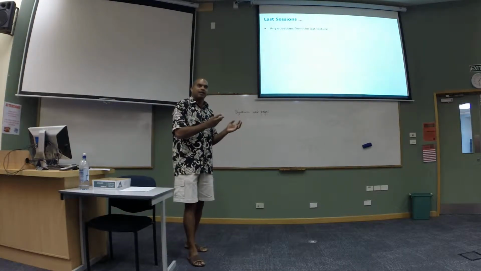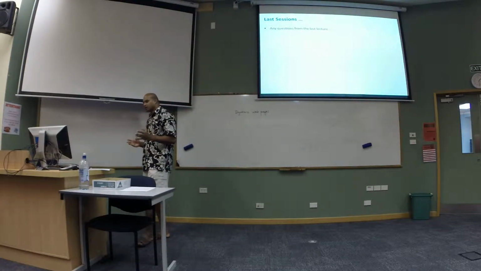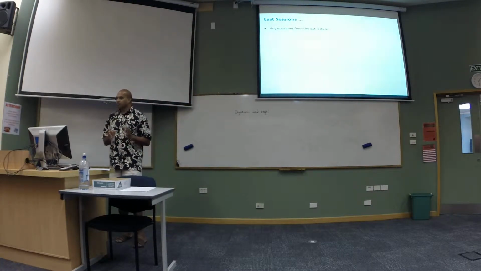CSS formats the web page, right? Then we looked at JavaScript. JavaScript enables us to do a lot of things. Shopping cart is one good example. Accessing information from different parts of the table and calculating them. And then this week we are going to look at document object model that builds on JavaScript.